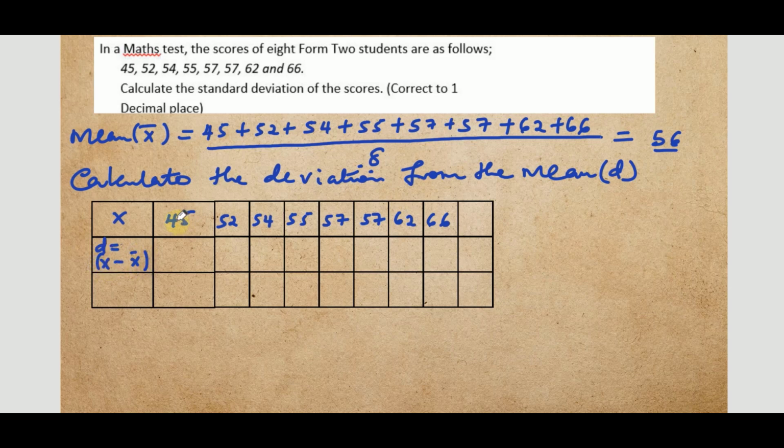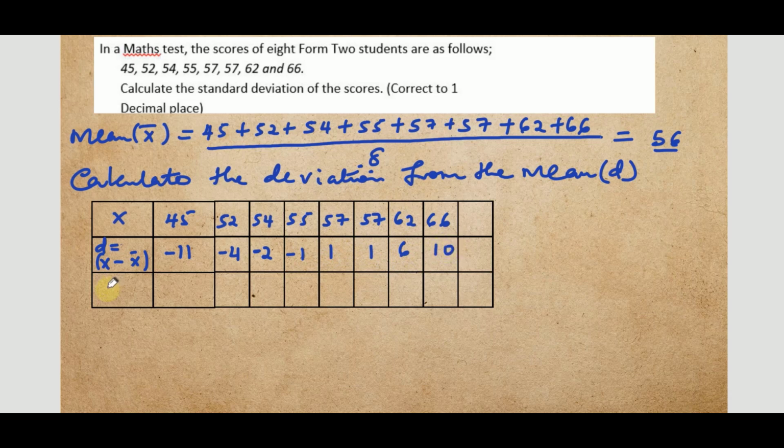To get it, you're going to take x and subtract the mean. So this will give us negative 11, negative 4, negative 2, negative 1, 1, 1, 6, and 10.